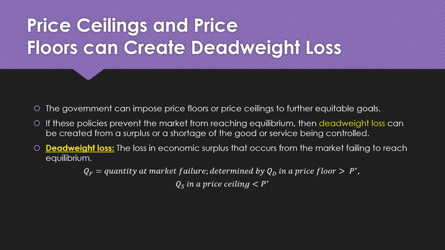If you can't, then you might have to use the equations as I'm showing you. Basically, deadweight loss is combining consumer and producer surplus. Consumer surplus and producer surplus combined are economic surplus. Deadweight loss is saying how much overall economic surplus we are losing from market equilibrium because we can't get to it. So that's what we're going to calculate.